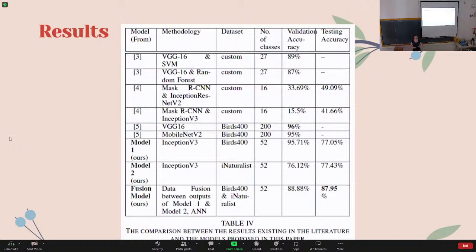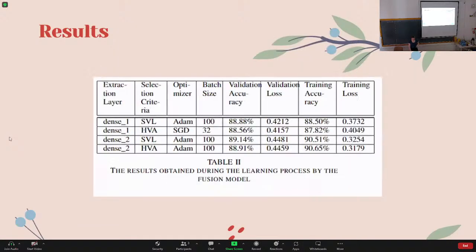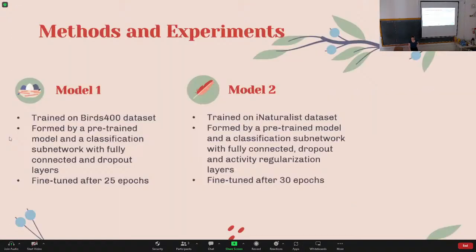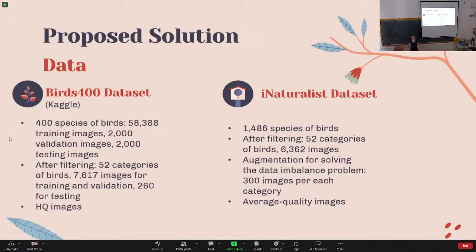As I said, I was trying to focus more on the European birds, and indeed there were some birds that appeared rarely or accidentally in Europe, but I tried to focus on a smaller data set in order to do these experiments and to see how the models would perform with a smaller amount of data, because I also had to filter the iNaturalist data set manually, and it would be a lot of work, and I wanted to do some preliminary experiments in order to see if this idea is okay and to continue with it.